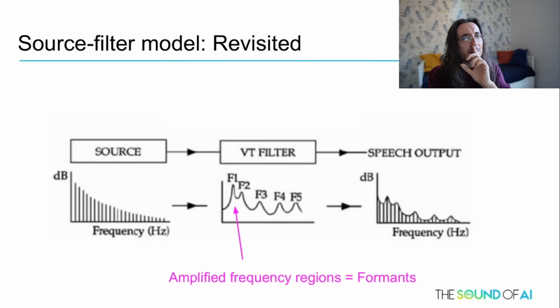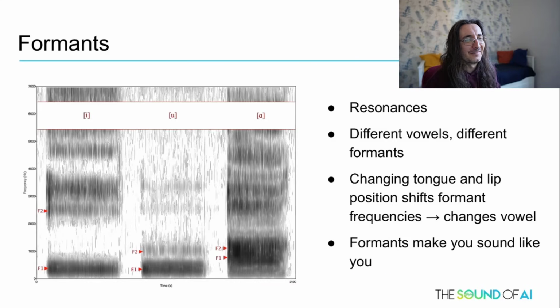But the formants are not constant. These resonances change when you change the vowel, so different vowels have different formants. When you change the position of the tongue or the lip, you're shifting formant frequencies, and so you change the vowel.